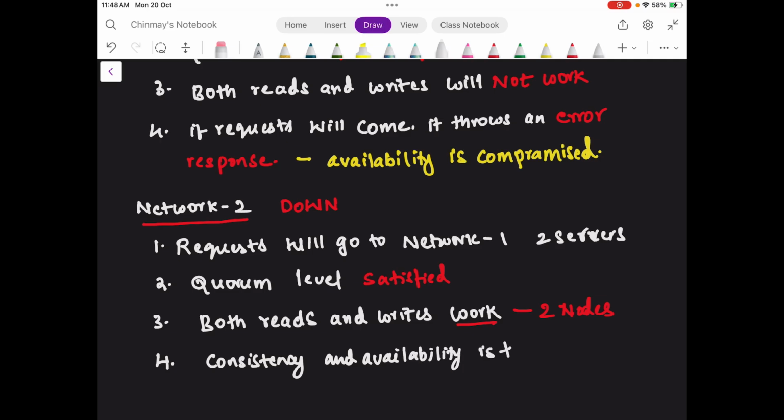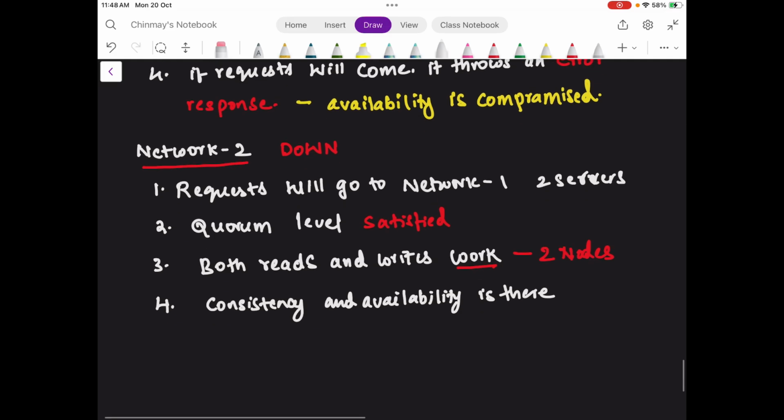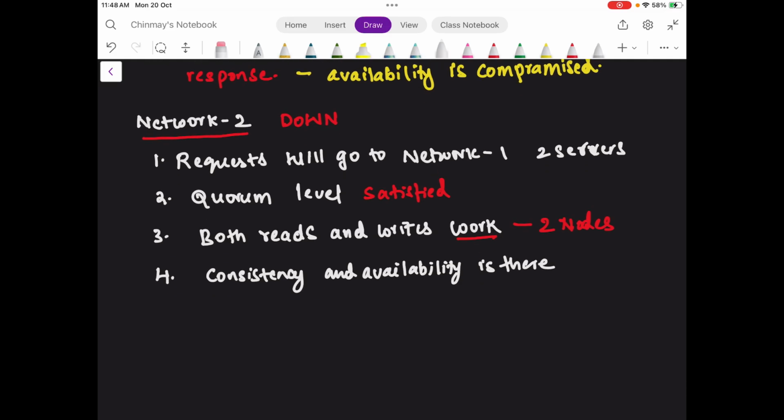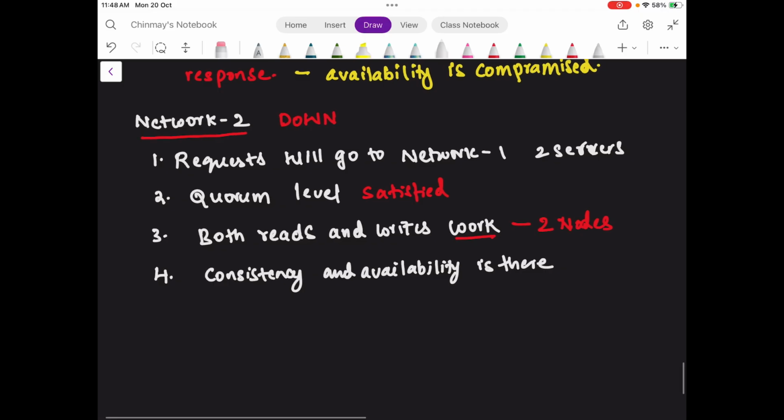Later, after some time, network 2 is up.